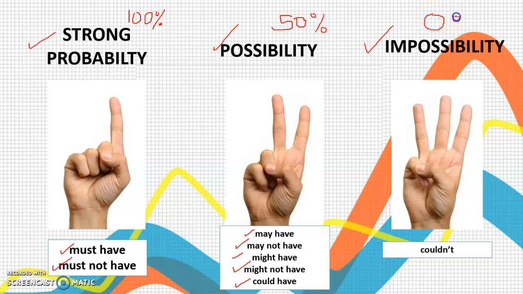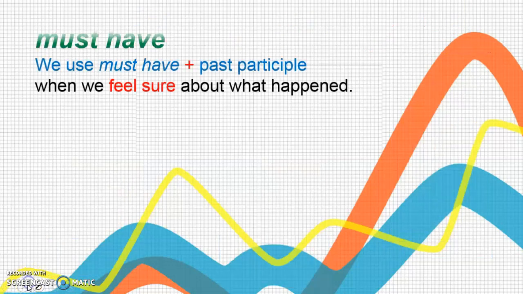And the impossibility, of course, that is real. This is the level of certainty. Let's start with the first group, must have in affirmative or must not have in negative.